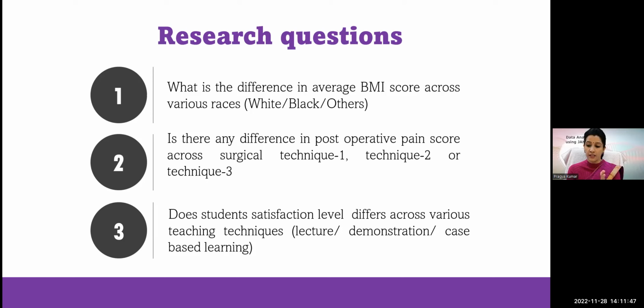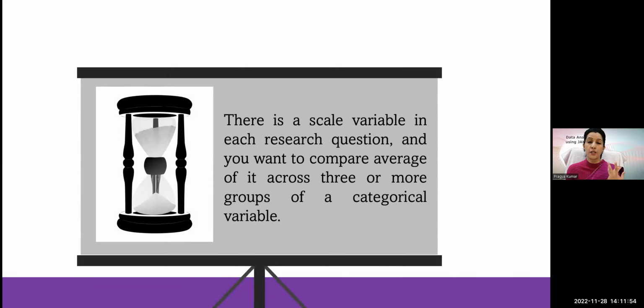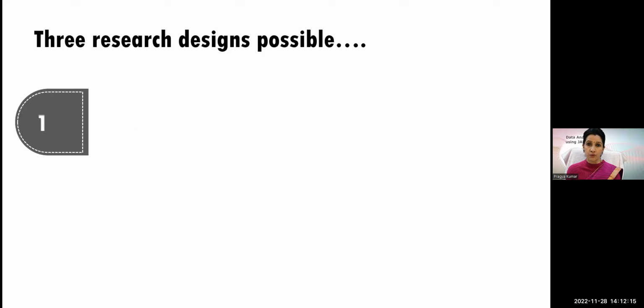So in all these 3 research questions, what have you seen? That there is a continuous variable, and we are measuring the mean value of this variable across more than 2 categories. That means 3 or more than 3 categories. So the appropriate statistical test for such type of research question is one-way ANOVA.